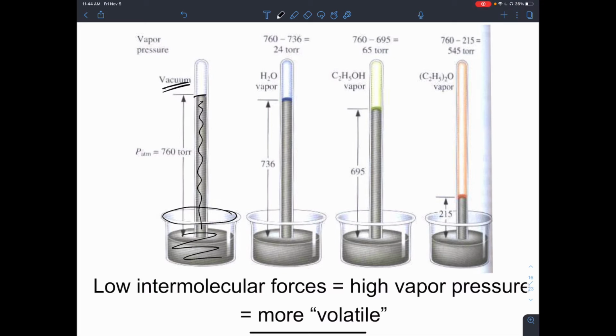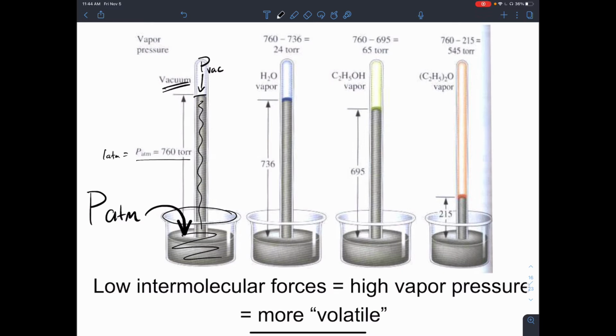So what we have is the atmosphere pushing down. That's the pressure from the atmosphere. And then just nothing pushing here. So this pressure is that of a vacuum, right? And the two are at equilibrium, and 760 torr is equal to 1 atmosphere. Those are the same value.